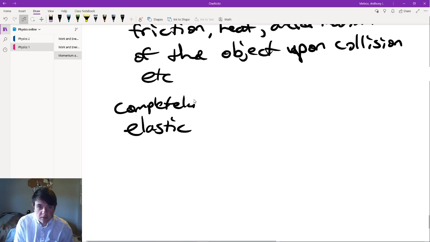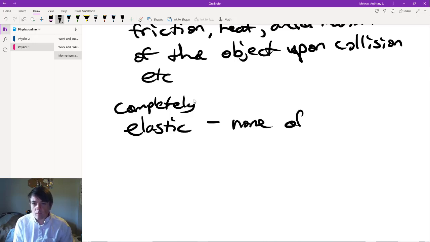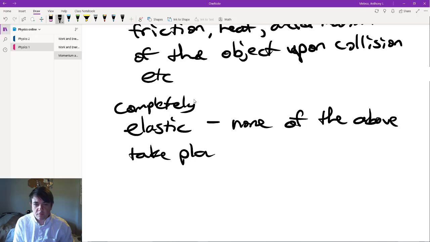So completely elastic or fully elastic, 100% elasticity. None of the above take place during the collision.